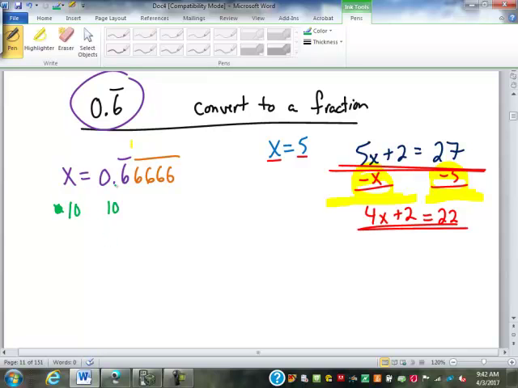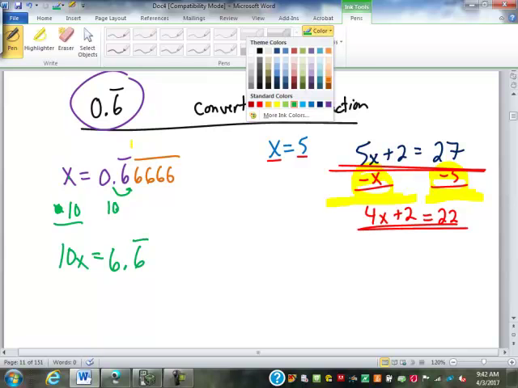If there were 2 digits repeating, I'd multiply by 100. 3 digits repeating would be 1,000 and so on. So x times 10 is 10x. 10 times anything just moves the decimal point over a spot, doesn't it? So this is going to become 6.66666, or 6.6 repeating.